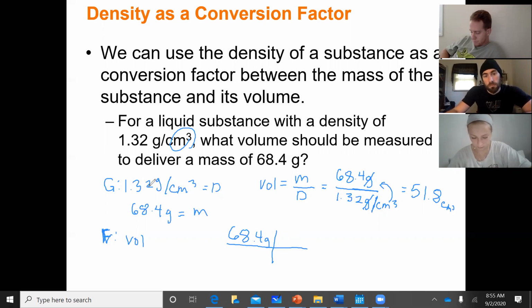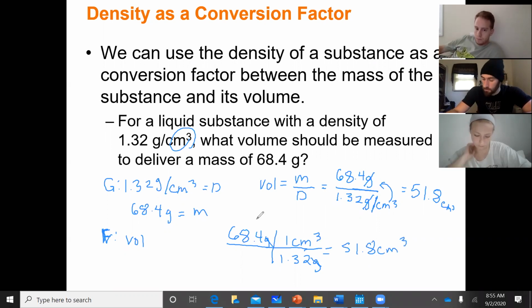Now this 1.32 grams per centimeter cubed, I want the gram part to be under the fraction bar, the 1.32 gram, and then that's for every 1 centimeter cubed. You notice we're doing the same thing that we were doing here. What happens to the units of grams? They cancel and you should be left with centimeters cubed. You get 51.8 centimeters cubed. So you can do it either way.